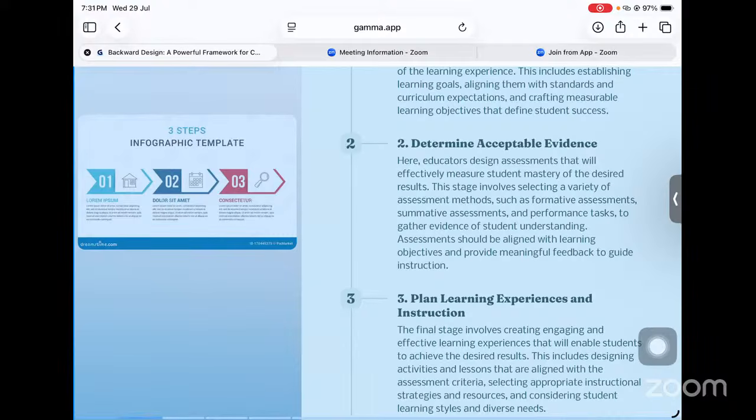So first, know the content, know your learning objectives, what your learning outcomes are. And the second thing is what assessments you're going to take, because the students have understood these learning objectives. So what are your formative assessments, what are your summative assessments? That is the second part.